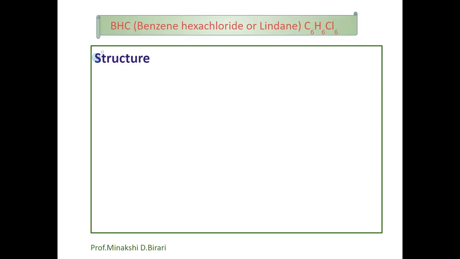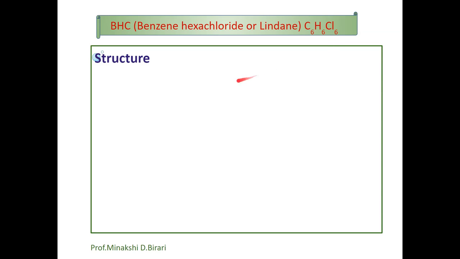First of all, what is BHC? BHC is called benzene hexachloride or lindane, having molecular formula C6H6Cl6. That means 6 carbon atoms, 6 hydrogens and 6 chlorines. So this is the molecular formula of benzene hexachloride or lindane.